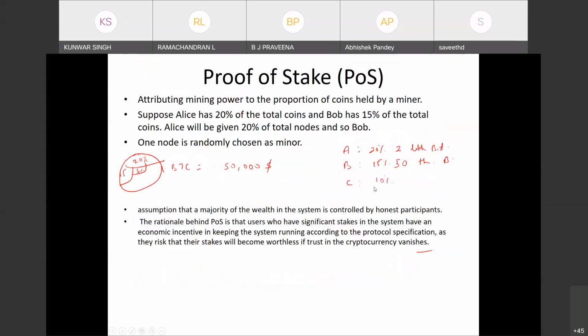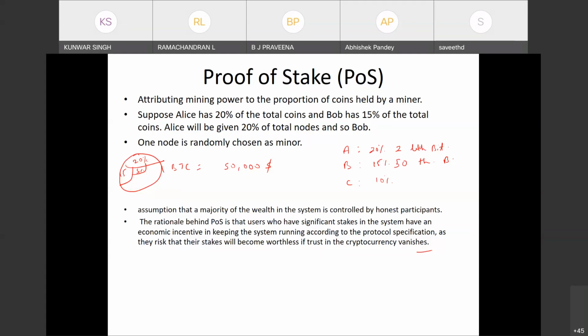Now, proof of stake is not about rewarding money. Let's say you have 1 lakh Ether. Tomorrow, people lose trust in Ether, and the value of Ether goes down. Say it is 50,000 now and tomorrow it becomes 20,000.